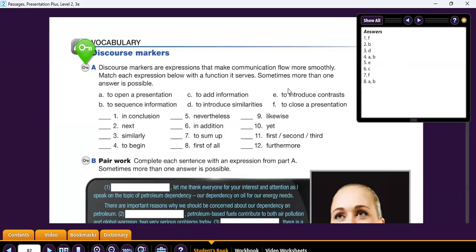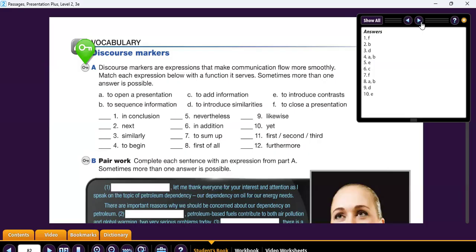And likewise, to add information. Likewise is letter D, to introduce similarities, because that's what it means. Yet, not really sure.